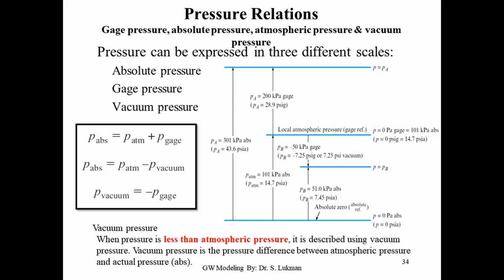The vacuum pressure will be positive, because the vacuum pressure is minus gauge pressure. Are you following? So this is the pictorial representation of the relationship between absolute, atmospheric, gauge, and vacuum pressures. And all this is in REN 201.